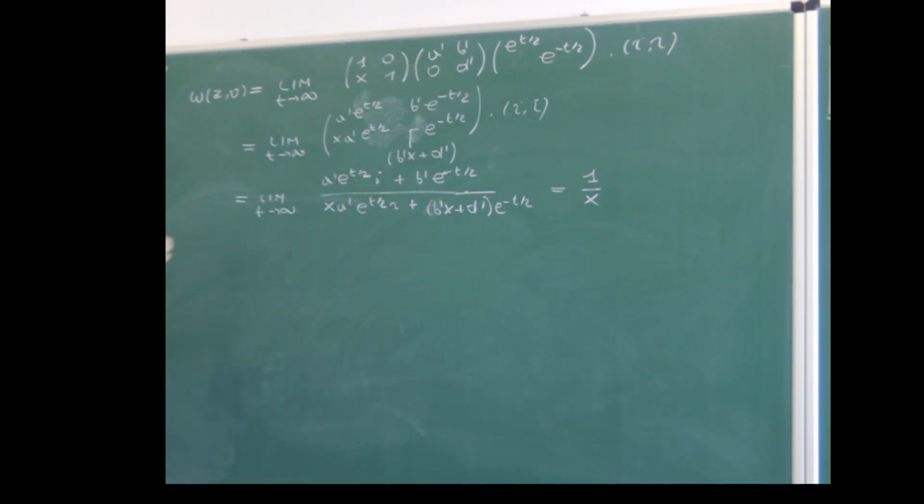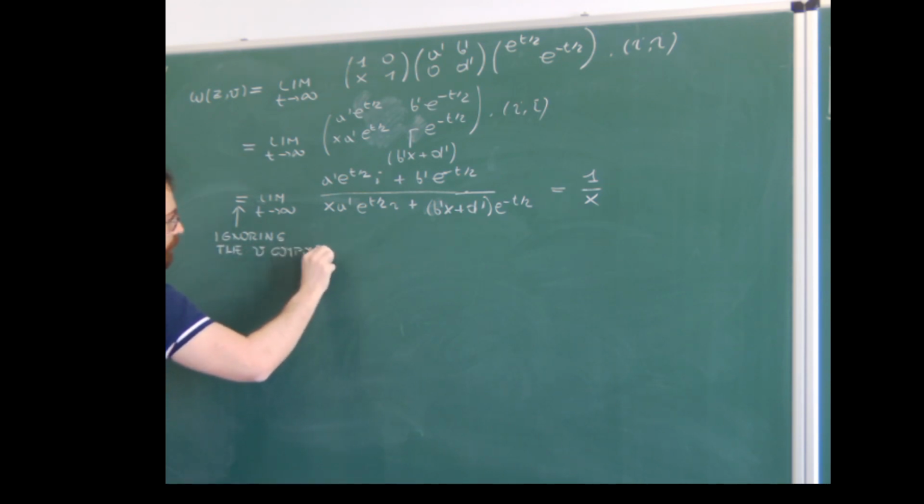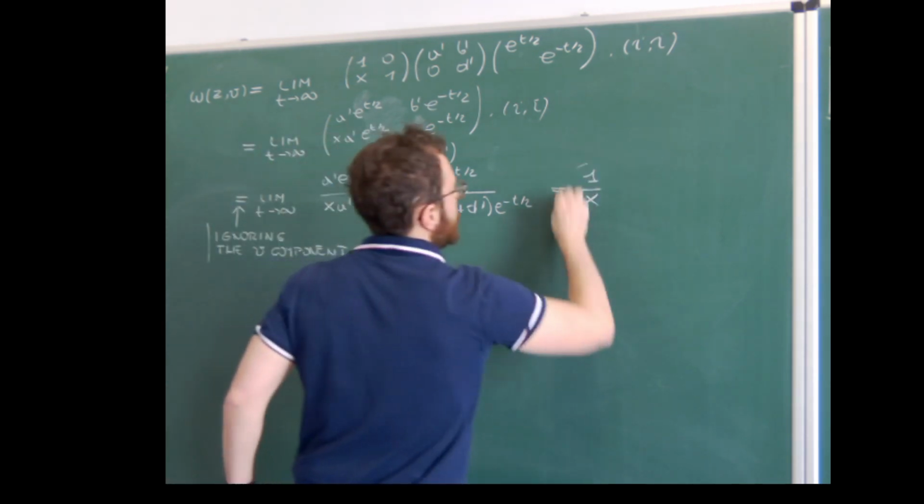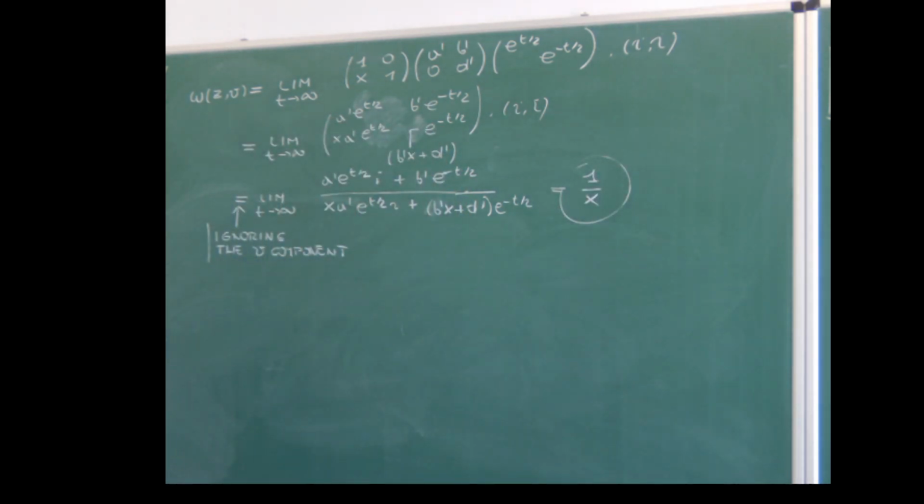Here I'm ignoring the v component, I'm just following what the z does. Okay, does it make sense? Okay, good. So I have 1 over x, so this implies that omega z v to the minus 1 is equal to x.